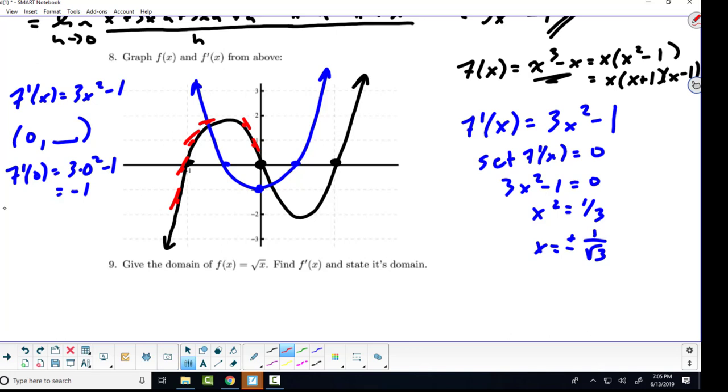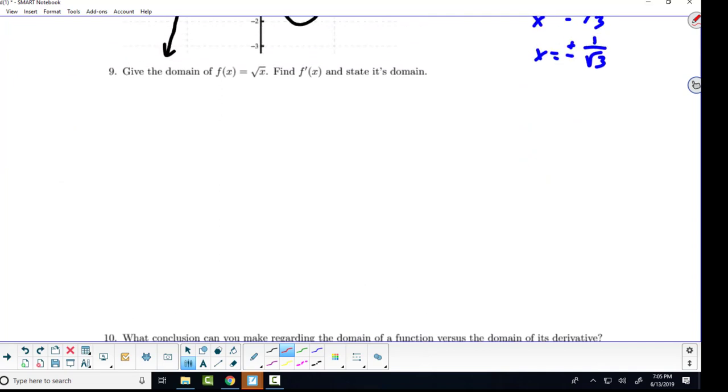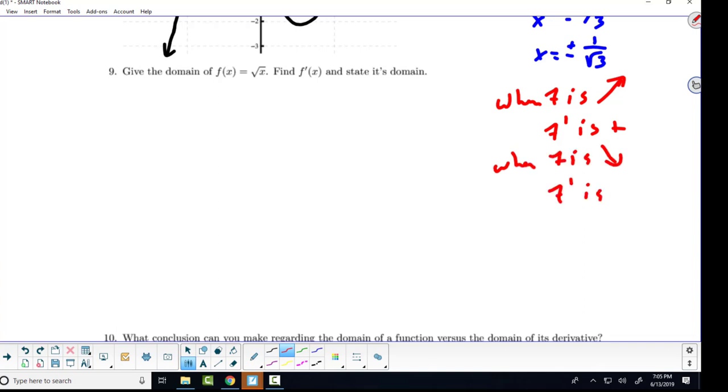Okay? So we could even summarize that, and I'll do that right somewhere over here. When f is increasing, f prime is positive. Okay, that's a nice little summary. When f is decreasing, f prime is negative.